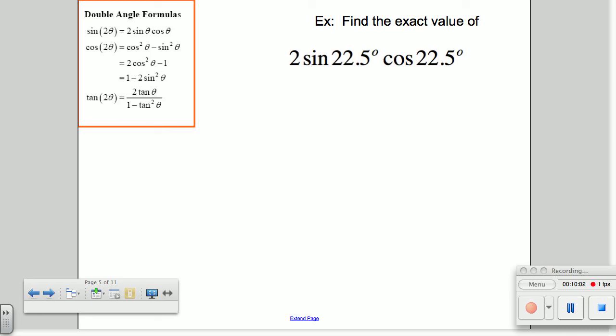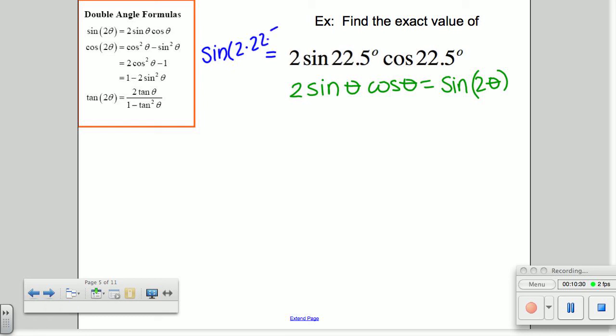This is the same thing if I think of these 22.5s as thetas as 2 sine theta, cosine theta, because they're the same angle. Now, to me, that looks like the sine of 2 times theta. So I can rewrite what we're given up here as the sine of 2 times 22.5 degrees.